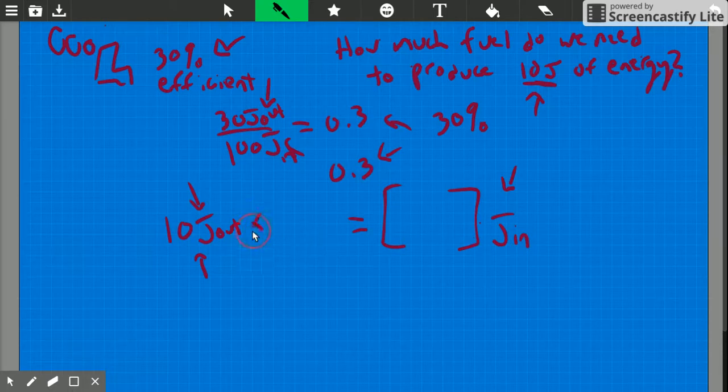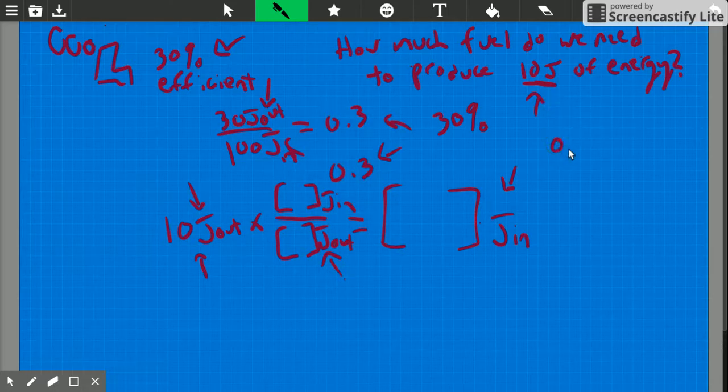What this means is I need a conversion factor that has my new units on top and my old units in the denominator. So in other words, this is going to be fuel input, and this is going to be fuel output. And now I just need to figure out how to use this 0.3 and manipulate it into a conversion factor that works for this.